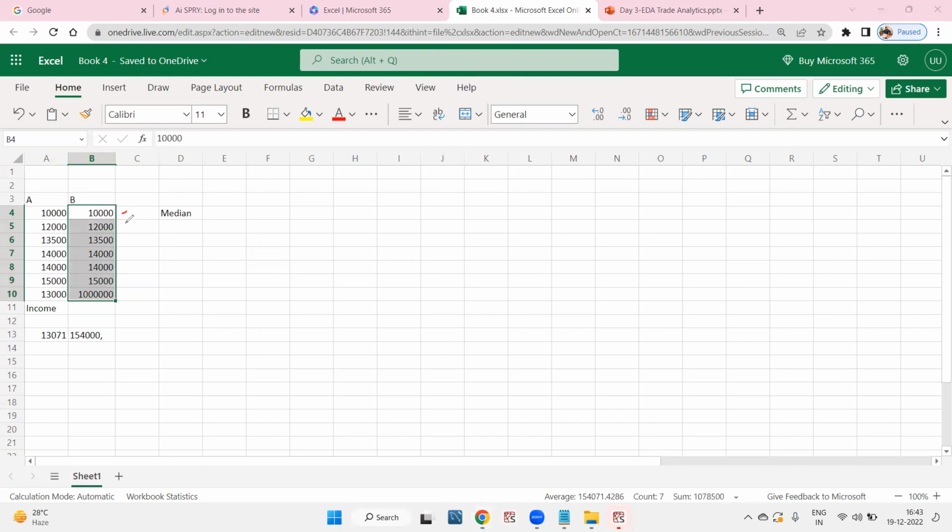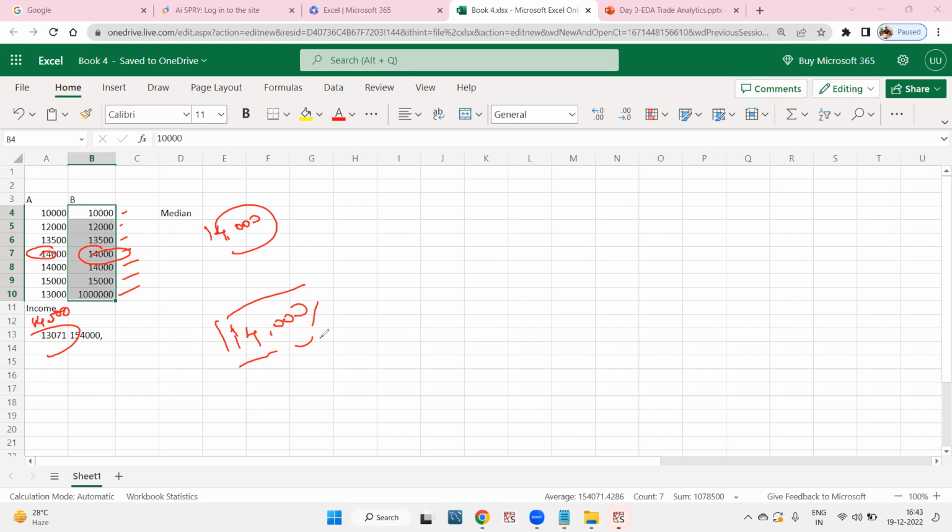How many values are there: 1, 2, 3, 4, 5, 6, 7? So the middle value is 14,000. Right? What is the middle value here? 1, 2, 3, 14,000. So this is called the median value.